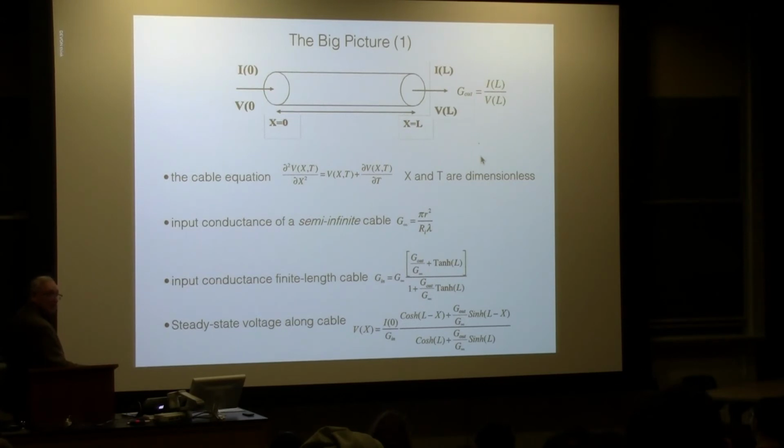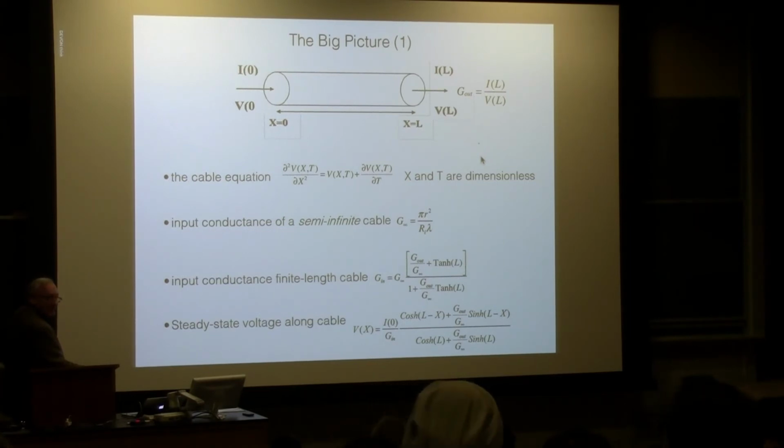In the Rall theory we're going to develop, we're assuming that this extracellular space is at a common potential everywhere. It's ground. That sets ground in our electrical circuit.